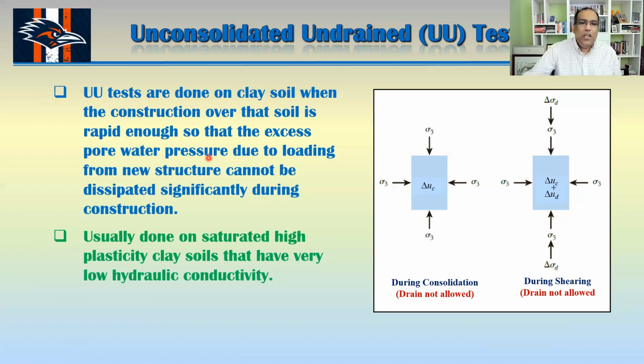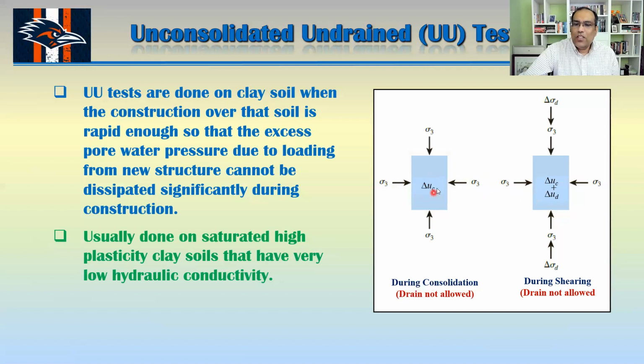This one is usually done for saturated high plasticity clay soil that has very low hydraulic conductivity, and most of the time it's below the water table. So most of the time this one will be saturated. Now, if you look at the state of stress in these two situations, in both cases the pore water pressure is not 0.